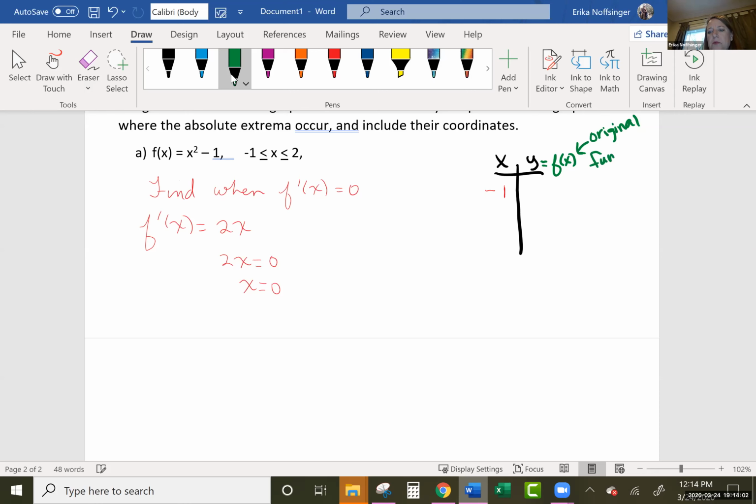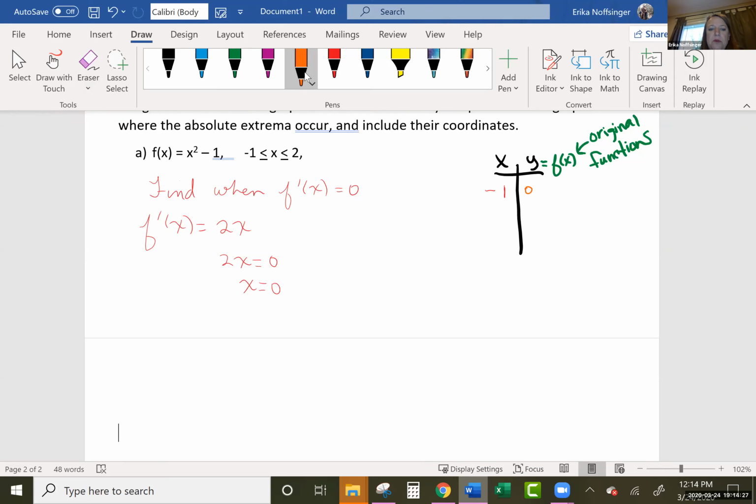Sometimes in this chapter we're going to be plugging things back into our derivative function to see if our slope is increasing or decreasing. But if we plug -1 into our original function, we get -1 squared is 1, 1 minus 1. So that gives me a y value of 0.